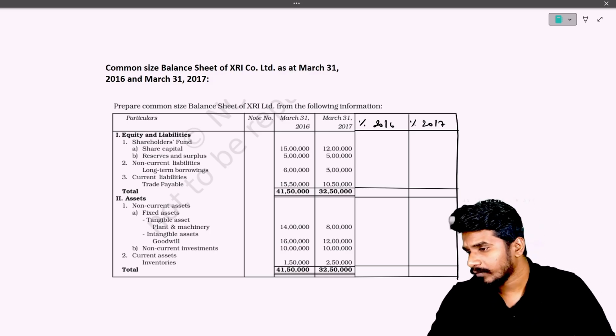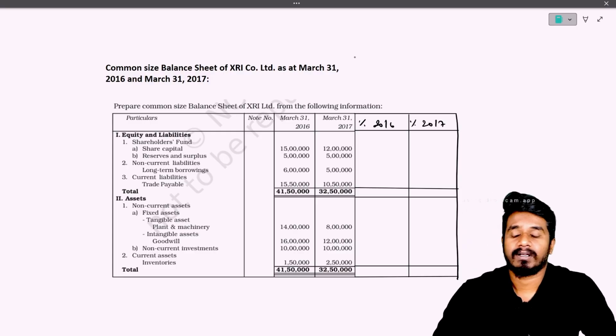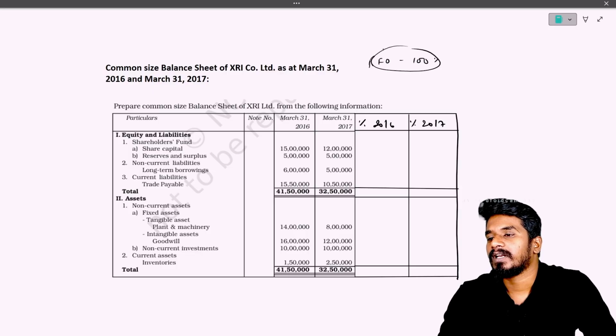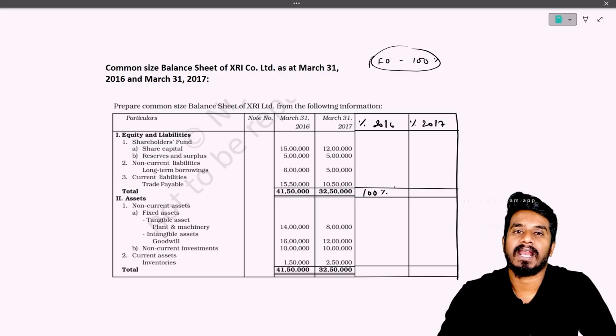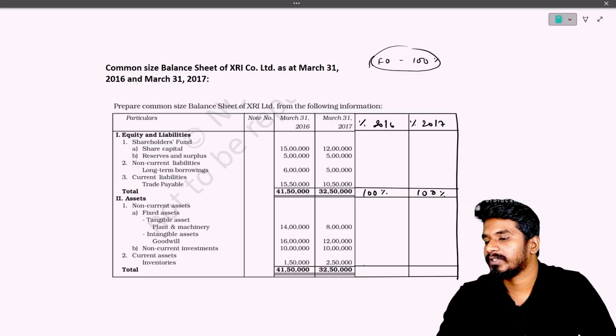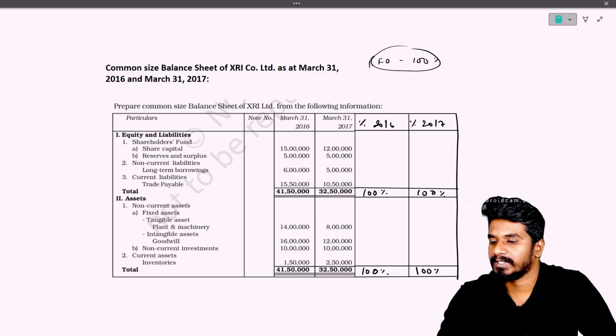In the common size income statement, that is profit and loss, which we solved in the previous video, we considered revenue from operations as 100%. Here we will consider total equity and liabilities, and total assets, as 100%. It is a simple thing.